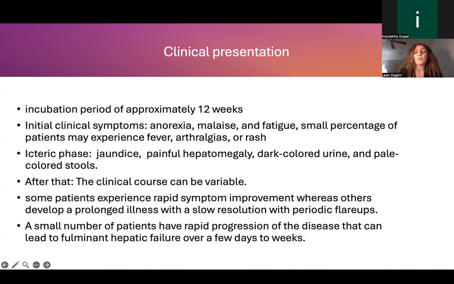Some patients experience rapid symptom improvement, whereas others may develop a prolonged illness with slow resolution and periodic flare-ups. A small number of patients infected with hepatitis B have rapid progression of the disease and can develop fulminant hepatic failure over a few days to weeks.